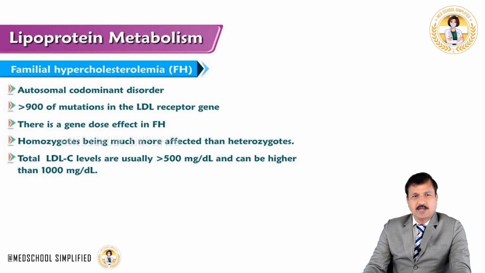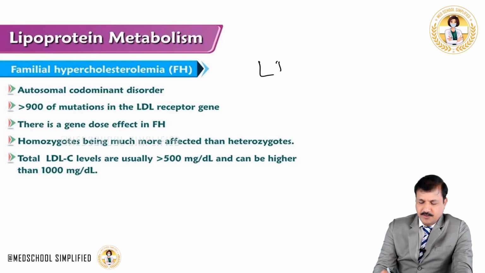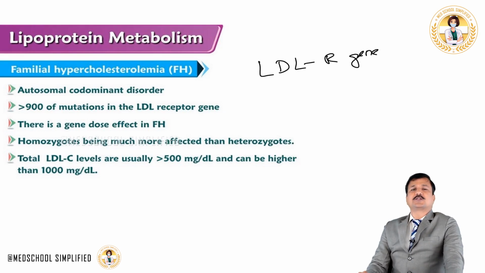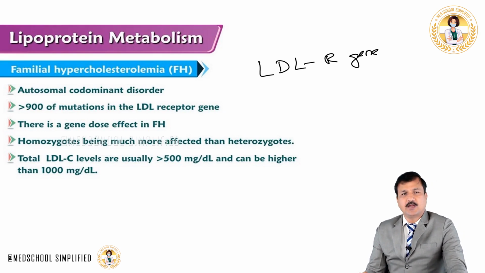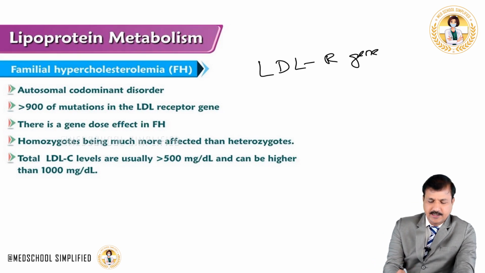What causes familial hypercholesterolemia? Familial hypercholesterolemia is because of mutation in the gene coding for the LDL receptor. The LDL receptor gene mutation leading to familial hypercholesterolemia follows an autosomal codominant inheritance pattern.